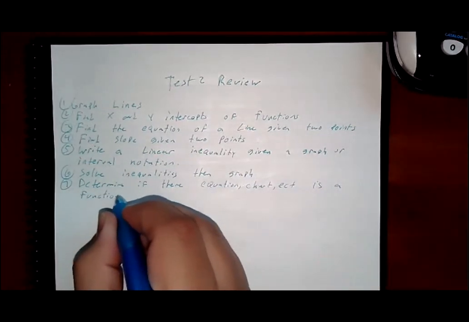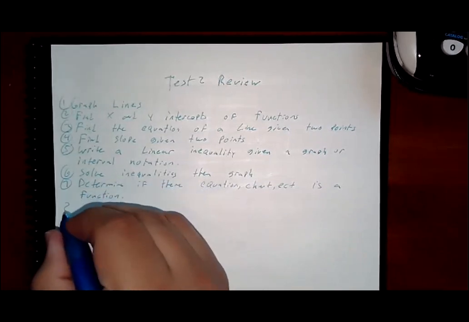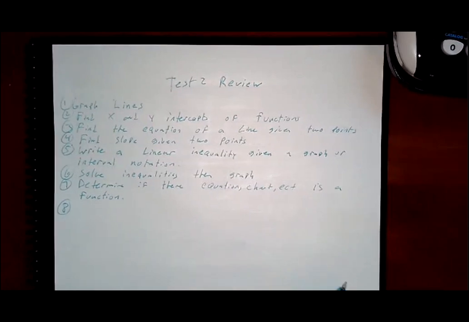You gotta decide, okay, is that a function? Yes or no? And then just put your justification, which we talked about, right? You can use a definition or you can graph it and see if a vertical line hits more than once, then it is not a function. Okay. So we have a couple of is it there, is it not?